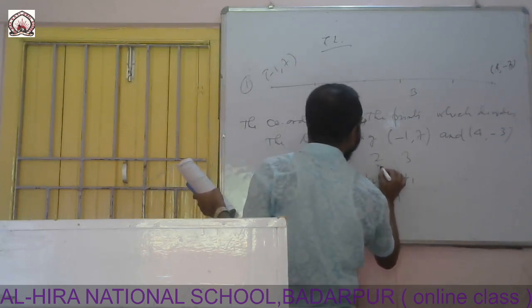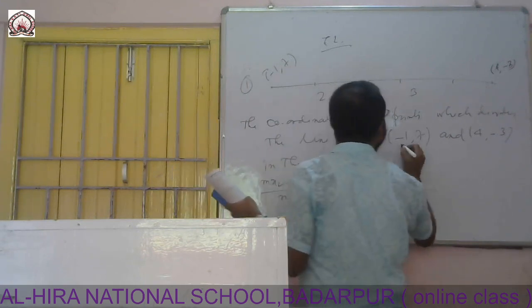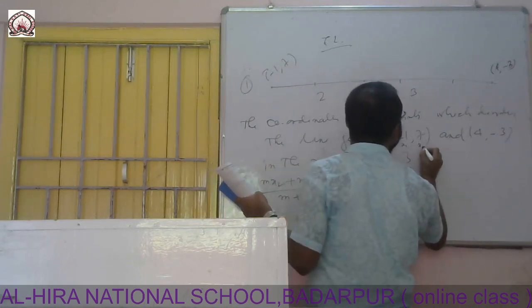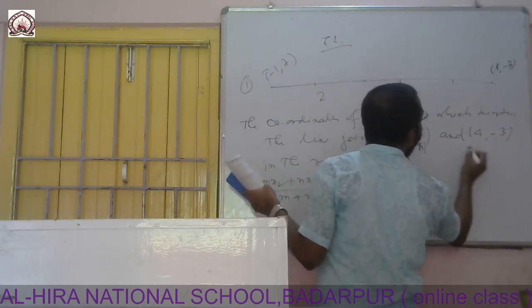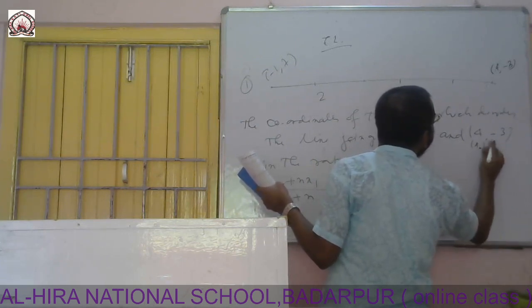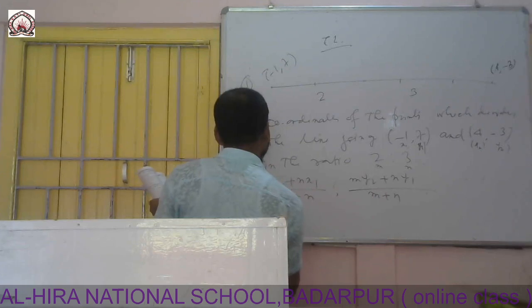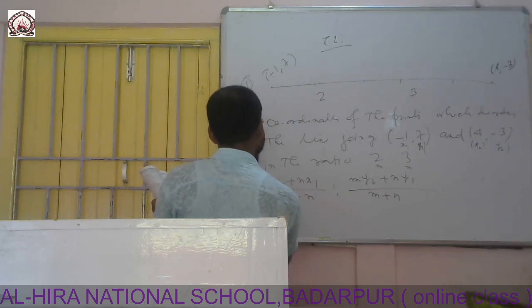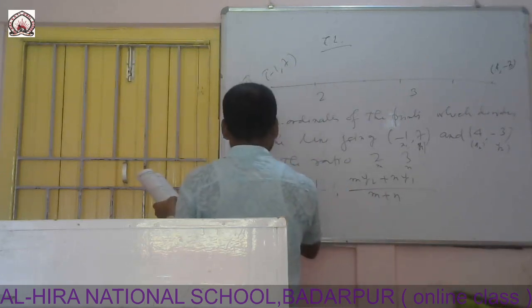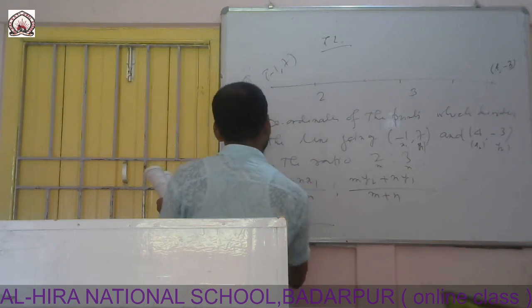Here you see this is m, this is n, this is x1, this is y1 and this is x2, this is y2. So mx2 is what? m is 2.